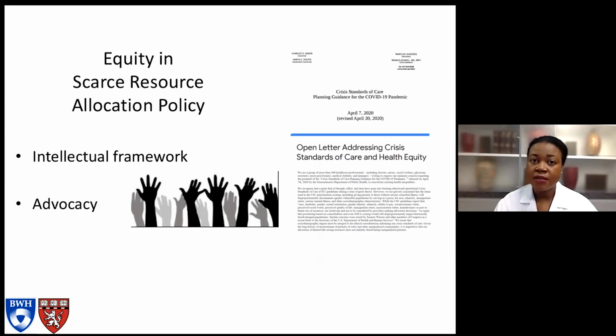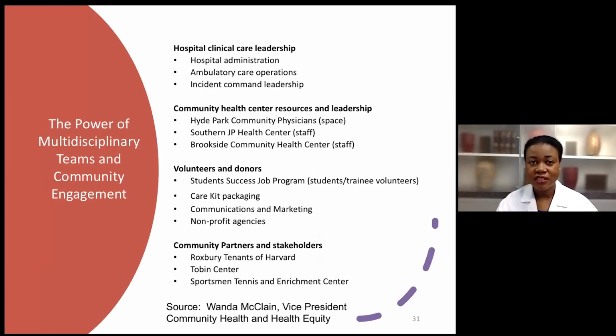But if that became an eventuality, we wanted to make sure that the intellectual framework was put in place so that the choices around who was able to access that care did not disadvantage populations due to disability, race, ethnicity, or other factors. And so advocacy and dialogues were conducted at the level of the state in Massachusetts, and those guidelines were put into place to ensure an equitable response in that context.